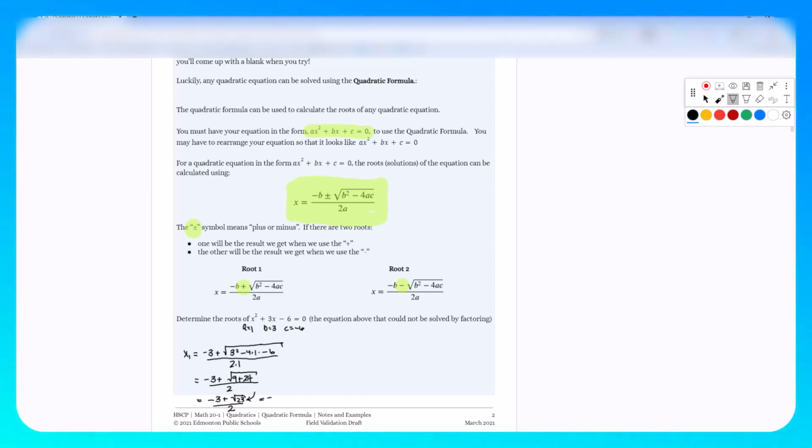The other form that we can put it in is negative 3/2 plus root of the number over 2. Either of these are acceptable. So that is one solution, and this one is exact unless we put it in the calculator. So for the second solution, it's going to be exactly the same as this one, but we're going to have the subtract sign between.